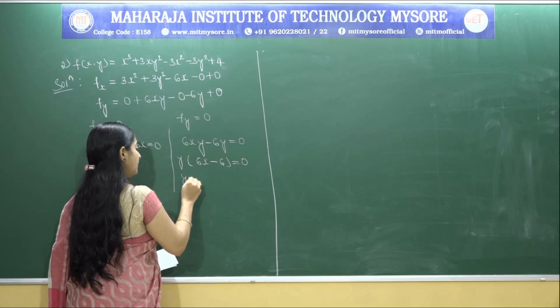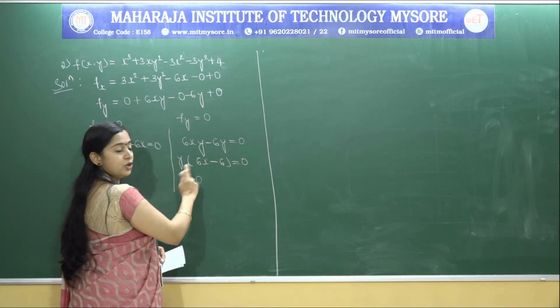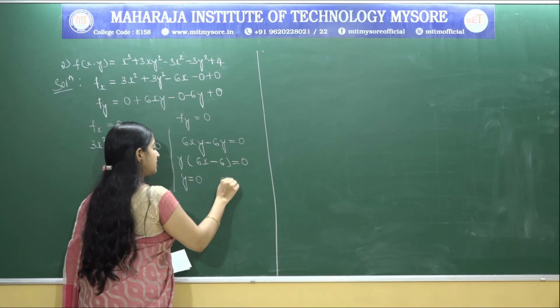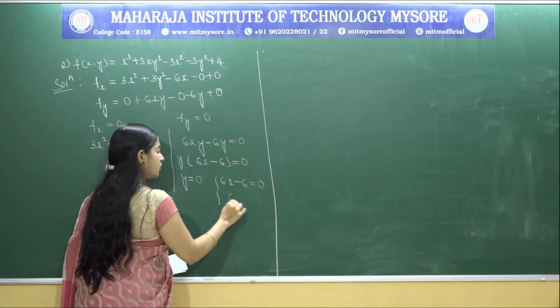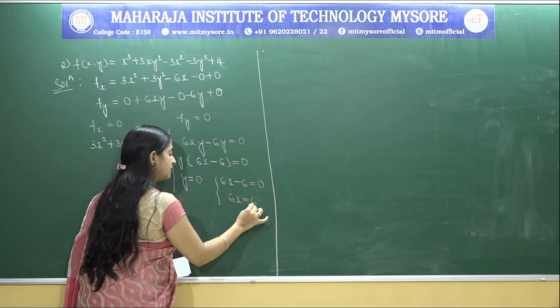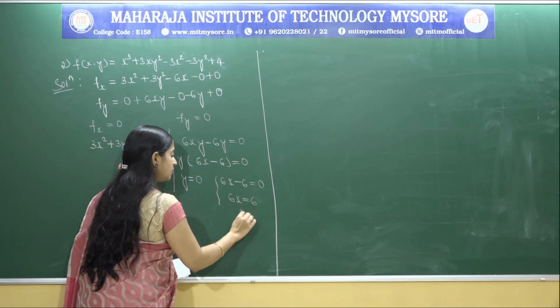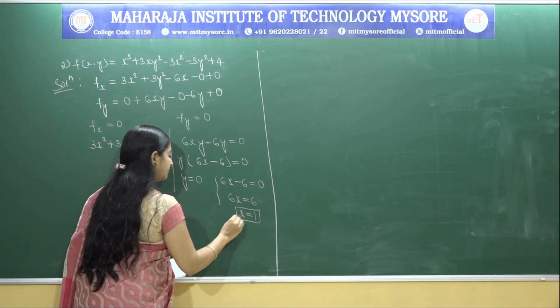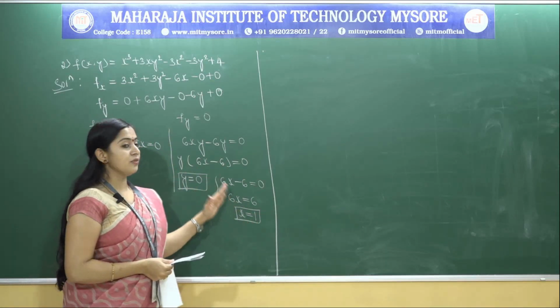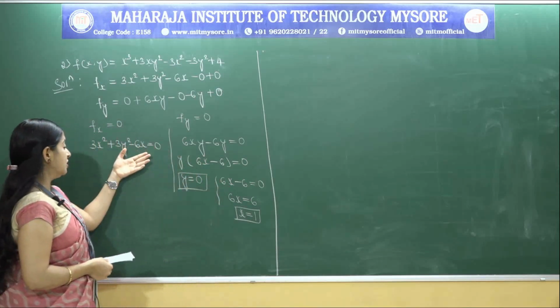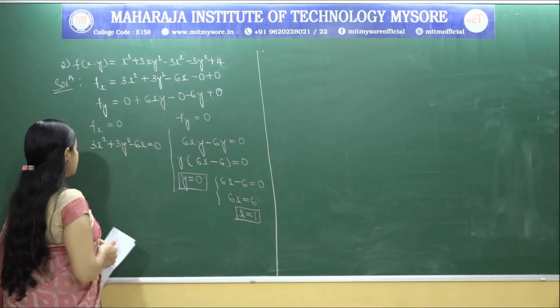Since you have a product, equate each term to 0. So 6x minus 6 equals 0, so 6x equals 6, you will get x equals 1. Then substitute x equals 1 in the first expression, so we will get other points.